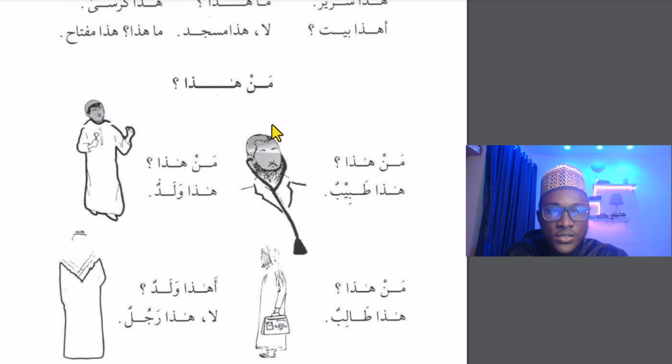In the last lesson, the Mu'allif talked to us about ma, to ask a question, what. So ma hadha, and he talked to us about ismu ishara lil qarib, the word that we use to point to something that is near, hadha, this.